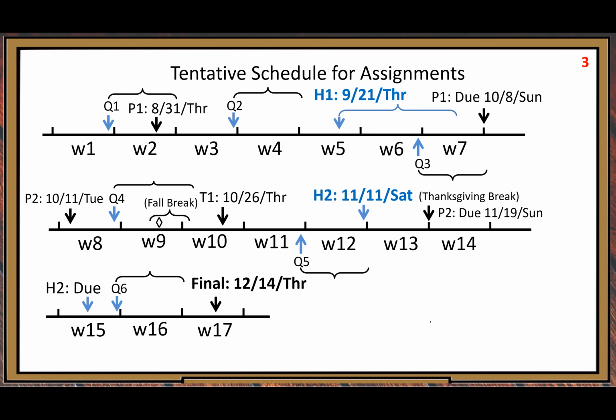In general, I try to be a little more flexible. So for the homework assignment, yeah.